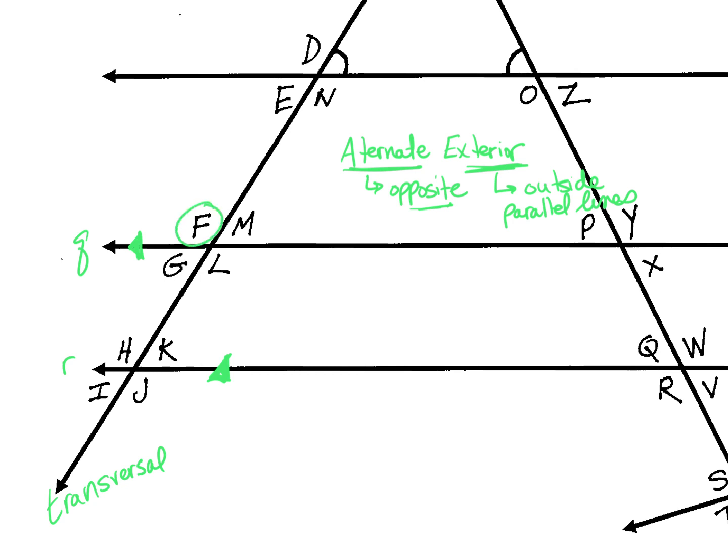That's going to be F and J, as well as M and I. Angle F and angle J, and angle M and angle I are what we call alternate exterior angles, and alternate exterior angles are always congruent.